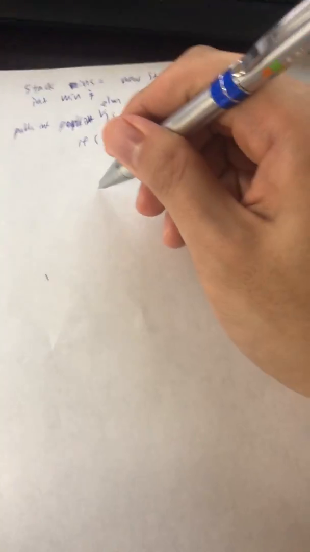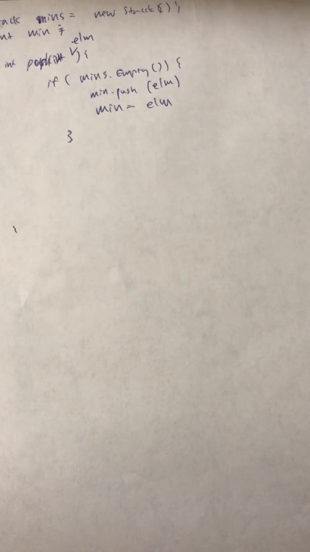And also there's going to be a field called min, and we'll set min equal to elm, since there haven't been any elements in the min stack. So when they're instantiated, the minimum stack is automatically empty. So I'm just going to push an element, and it's going to be the min automatically.